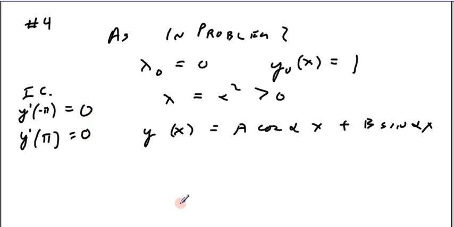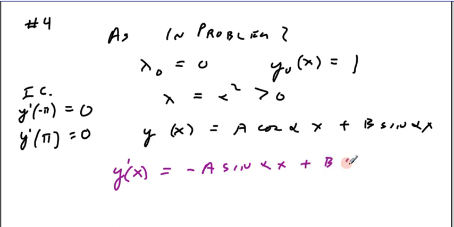Okay, so that being the case, we're going to get two equations. We're going to look at y prime. And so y prime of x is minus a alpha sine alpha x plus b alpha cosine alpha x.